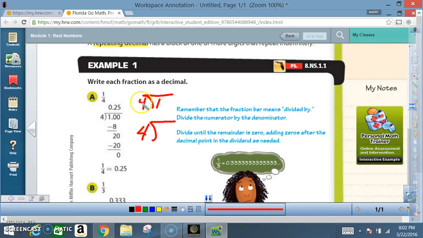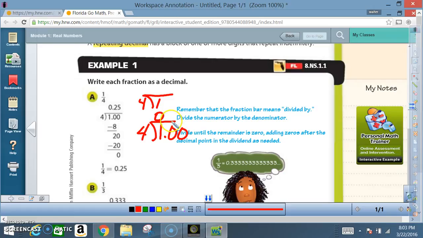Okay, so you start off by saying 4 goes into 1. 4 can't go into 1, so you put a 0 up there. And then you add a decimal after the 1. Then you add zeros as needed.